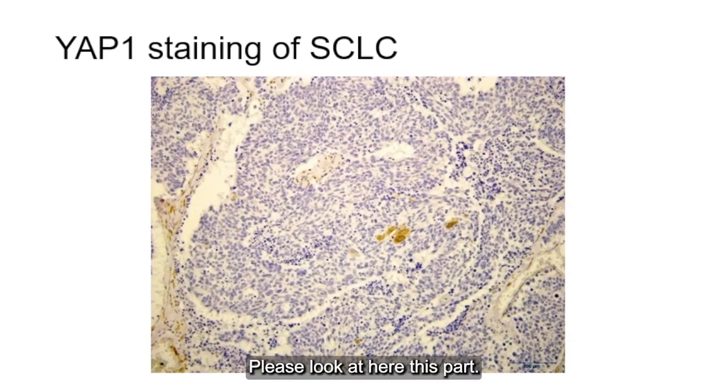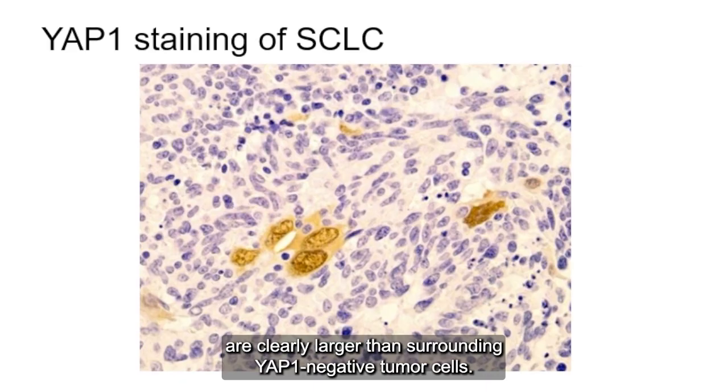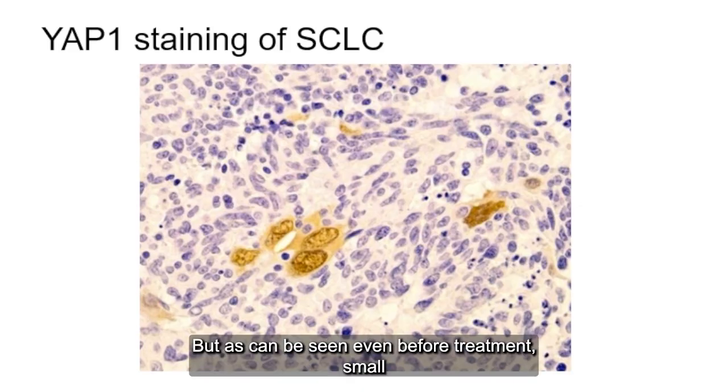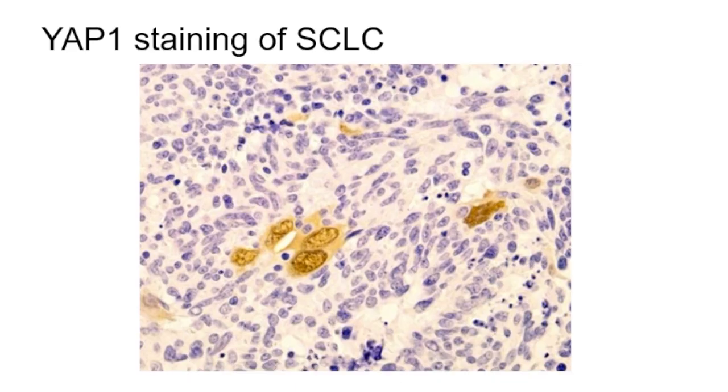Please look at this part. YAP1 positive cells are clearly larger than surrounding YAP1 negative tumor cells. This is a pre-treatment small cell lung cancer case, but as can be seen, even before treatment, small amounts of YAP1 positive cells can be found in the mixture.